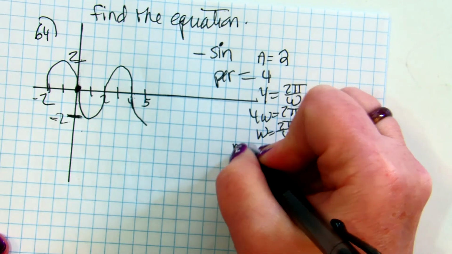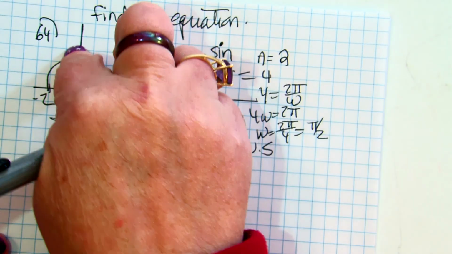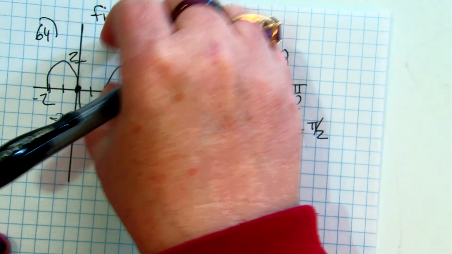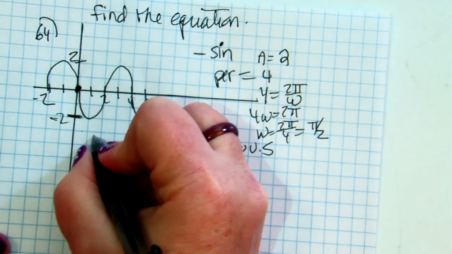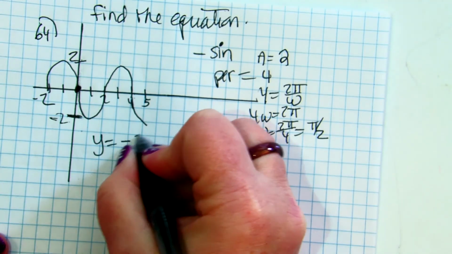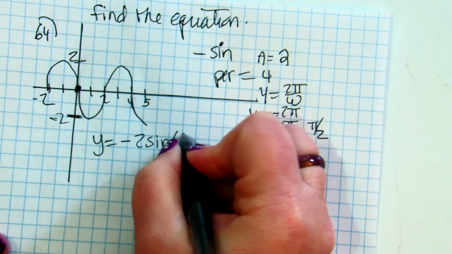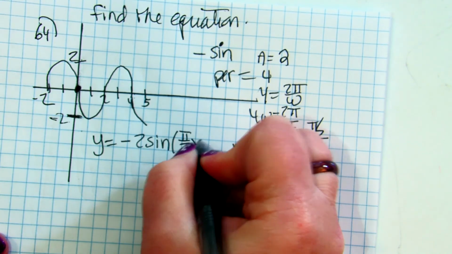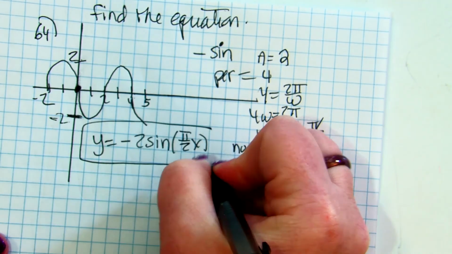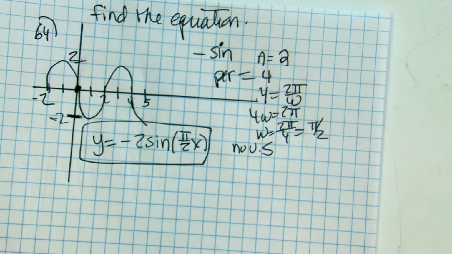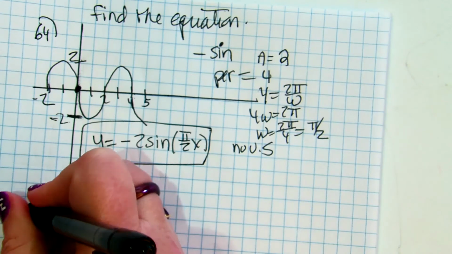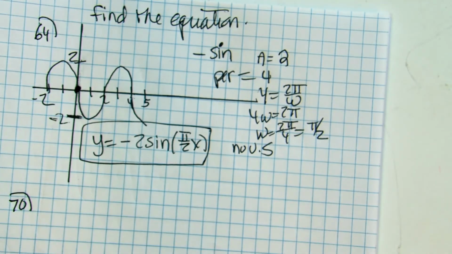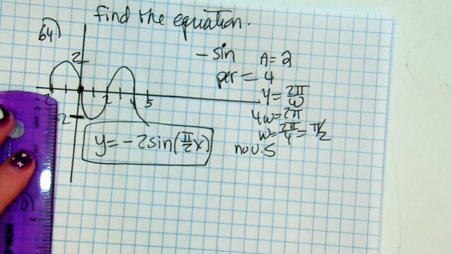And there's no vertical shift because it goes up to 2 and down to -2. It hasn't been shifted. So if we put it all together, we have -2 sine pi over 2 x with no vertical shift. So you don't have to guess when you're finding the equation. You just need to use the information that you've been taught.